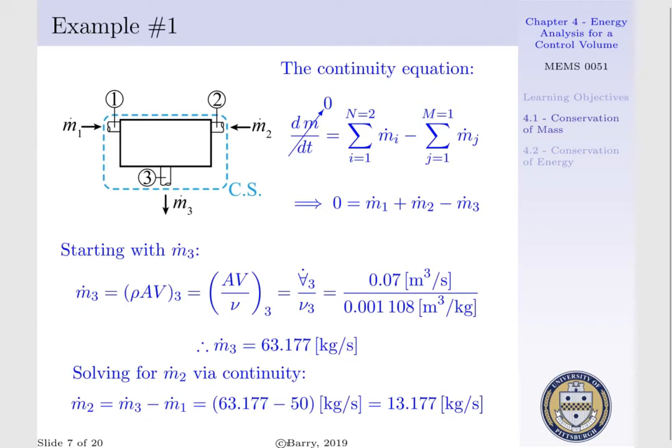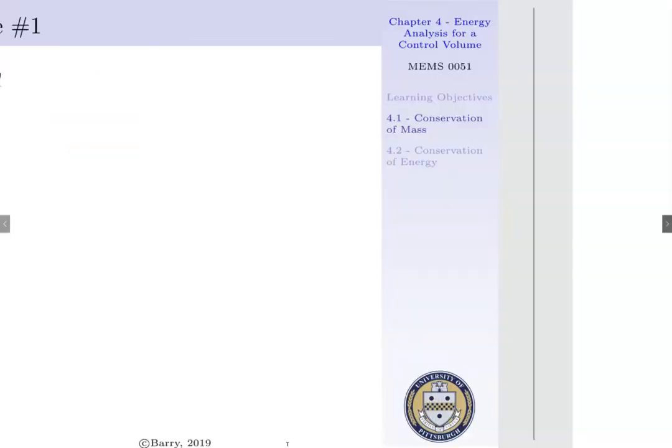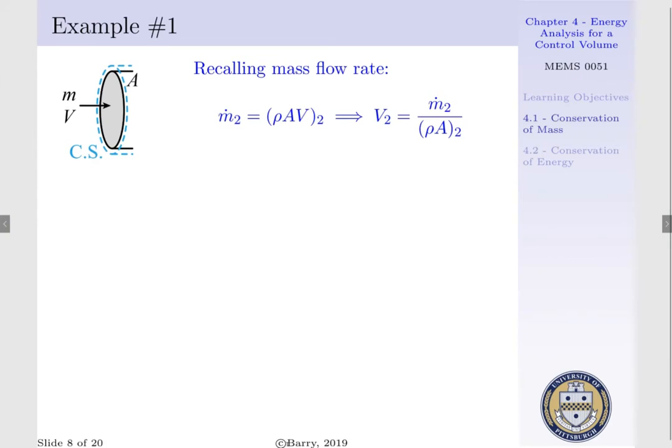Last but not least, we have to determine our velocity for our water entering at inlet 2. If we recall our schematic for a cross-sectional flow area, if we have mass entering our system with a velocity through a cross-sectional flow area, we can express our mass flow rate, m dot is rho AV, or solving for a velocity at state 2, this is equal to our mass flow rate at state 2 per our density times area evaluated at state 2.